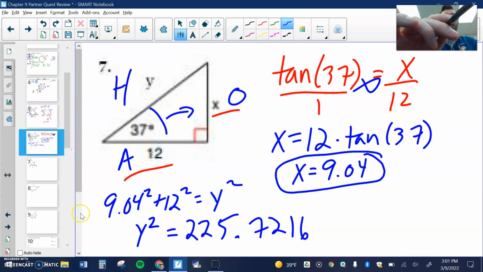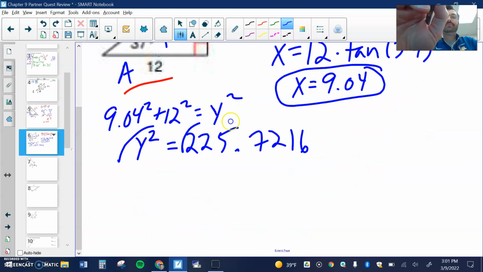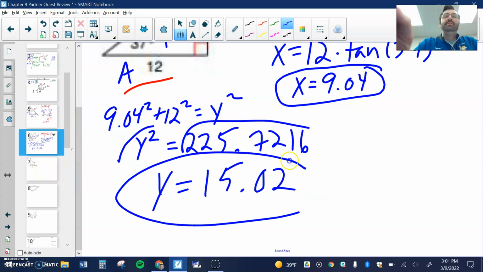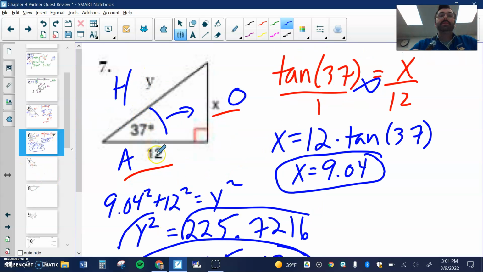Square root both sides. Y equals 15.02. You could have done trig as well. I would have done cosine to use A as 12 and H as Y.